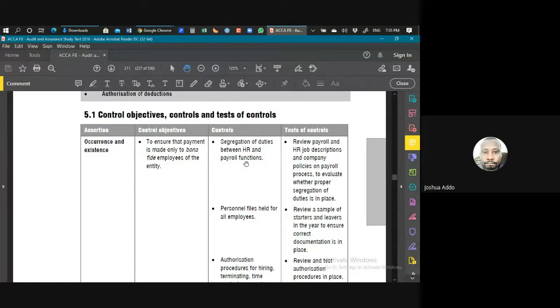But this segregation can also bring complications. This segregation is based on the assumption that the organization operates a very effective database system, not the traditional one, using computer applications. There should be a centralized database. Even though we have HR and we have accounts, HR should not have its own database about staff, and then the payroll section in the accounts section also have its own database about staff.